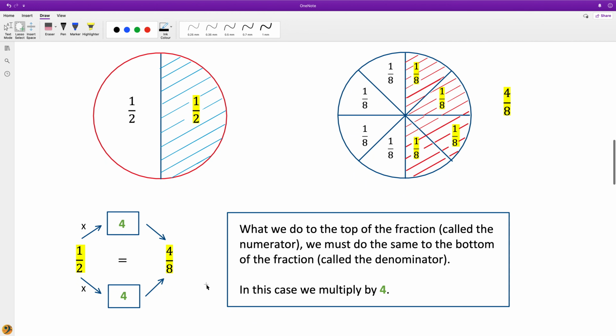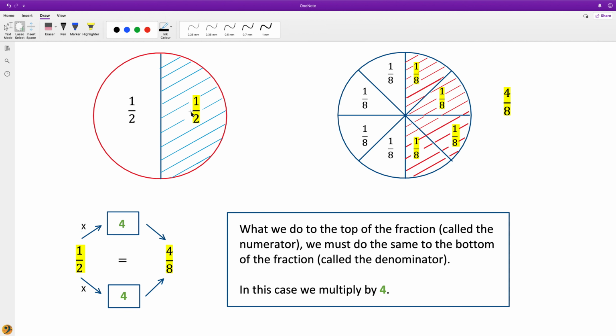All right, what we have here. So sticking with our half, it's a pretty easy visual representation one to do. This time, this is probably more like a pizza example, where we have our same circle, the same size, and we've cut it all up into 8ths. All right, so there's 8 pieces to this circle now, and we've shaded in 1, 2, 3, 4 8ths.